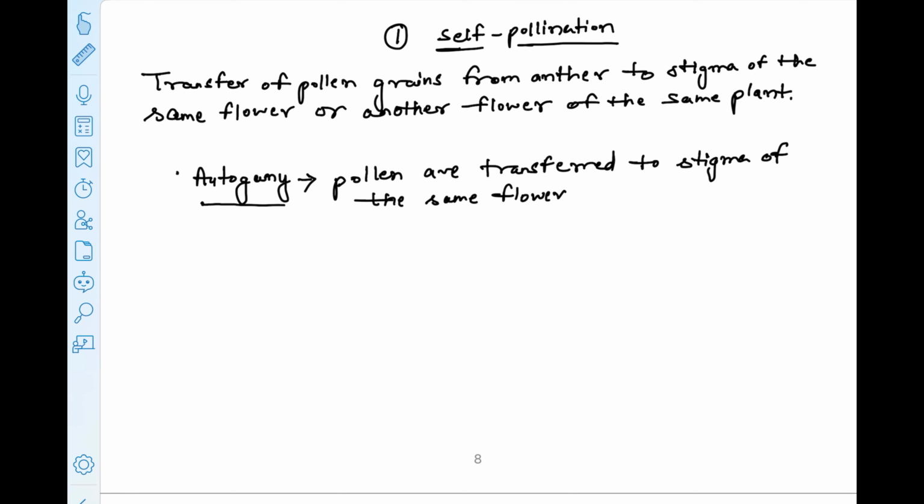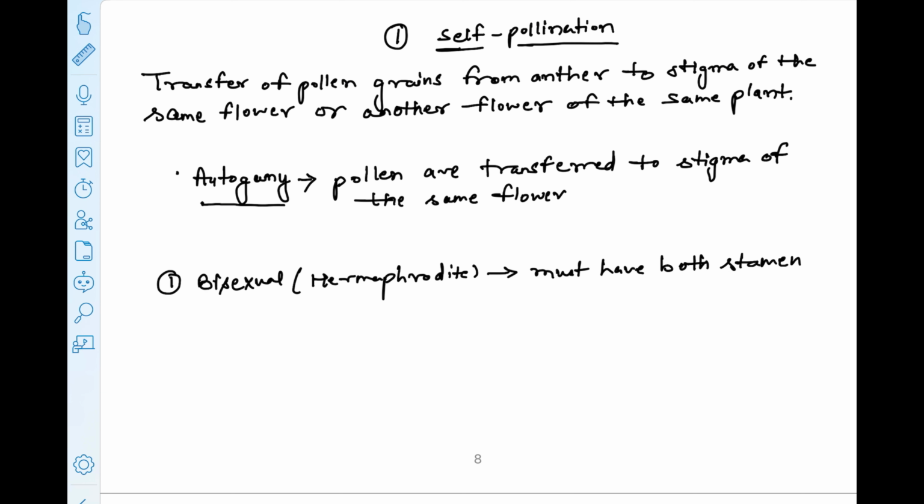A few conditions are needed for autogamy to occur. First one is bisexual, or we can say hermaphrodite. It means the flower must have both stamen and carpel.